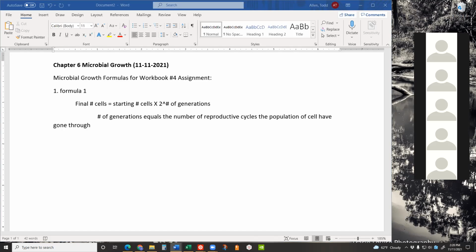If we start with 1 cell and finish with 8 cells, how many reproductive events must have occurred to get 8 cells?